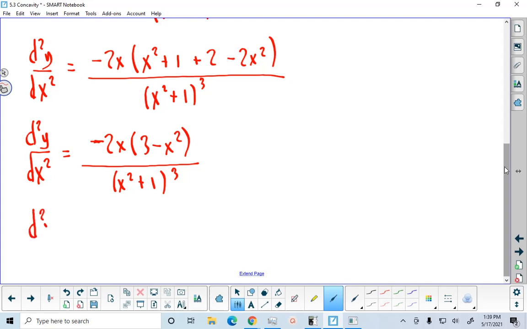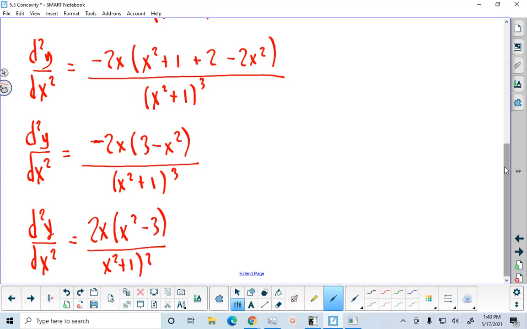So my second derivative is d2y dx squared equals 2x times x squared minus 3, my mistake, over x squared plus 1 squared. Any questions with those last couple of steps? Cubed. Thank you, David. Definitely cubed.